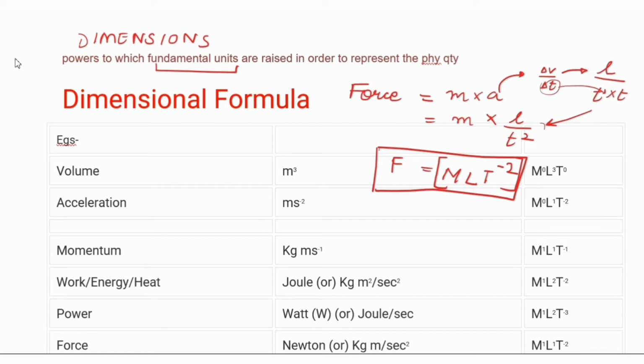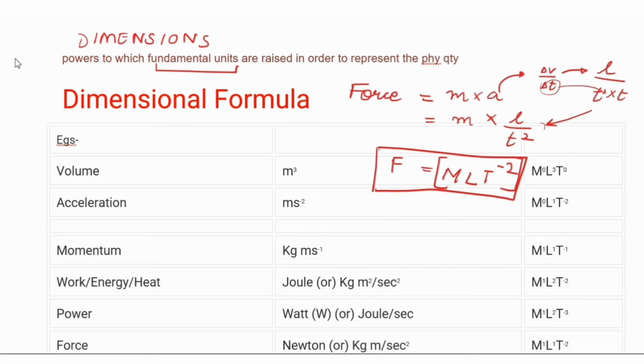So when I ask what is the dimensional formula of force, it's correct to say M L T power minus 2. But when I ask what is the dimensions of force, you should tell me that it is 1 comma 1 comma minus 2 and not M L T power minus 2. That becomes the dimensional formula.